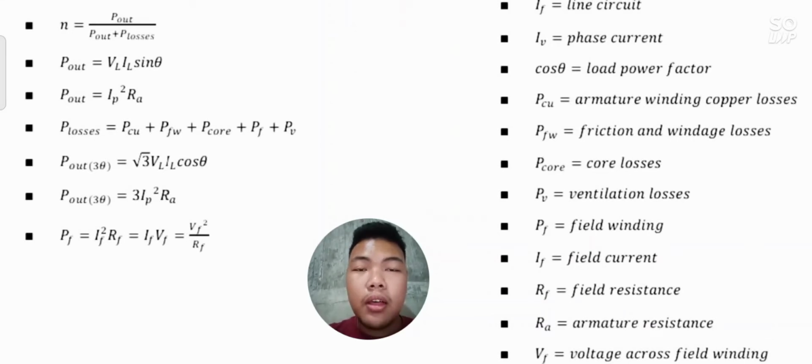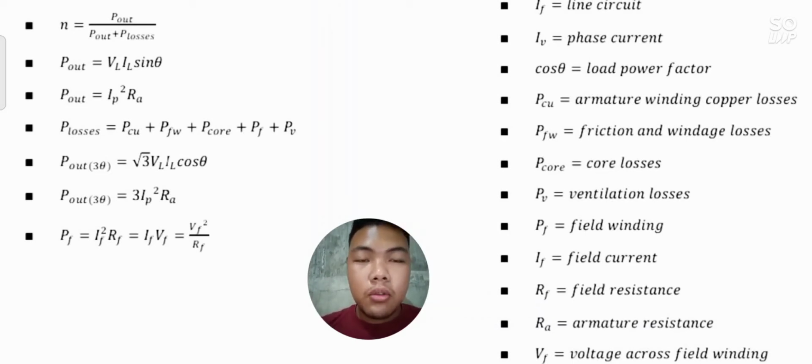P sub out equals I sub P squared R sub A. P losses equals P sub Cu plus P sub FW plus P sub core plus P sub F plus P sub V.